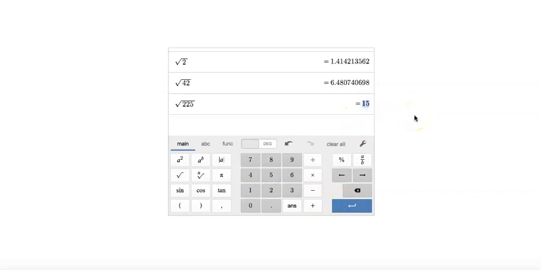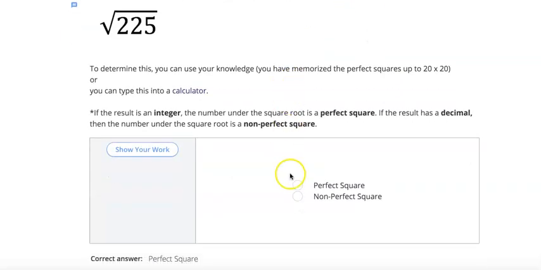I know the calculator only says 15, but the answer is 15 or negative 15, just like the square root of 1 really equals 1 or negative 1. We don't want to forget that, even though the calculator hasn't been programmed to put both answers. So this is a perfect square because you can multiply an integer, 15, by itself to get this as a result.